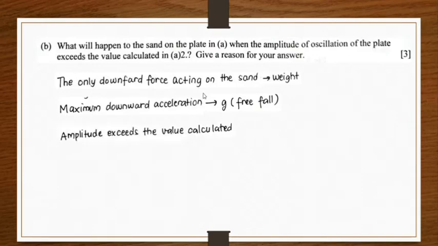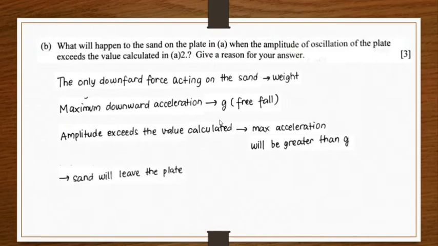Then when the amplitude of oscillation of the plate exceeds the value calculated in part 2, the maximum acceleration a0 of the plate will be greater than g. So when the plate is accelerating downwards from its upper maximum displacement, the sand will, of course, leave the plate.